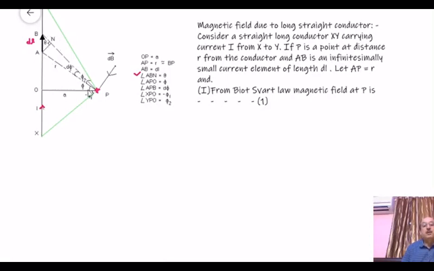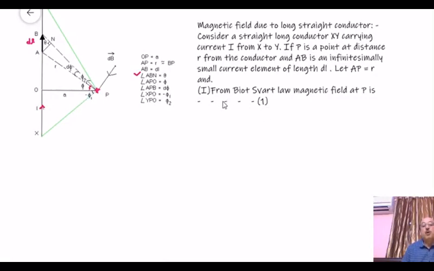Now we take another angle, phi. It is angle ABO, this angle. We will take this angle to help with the derivation.